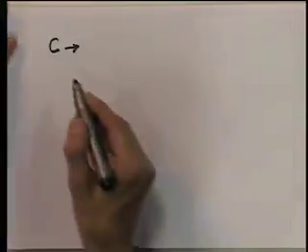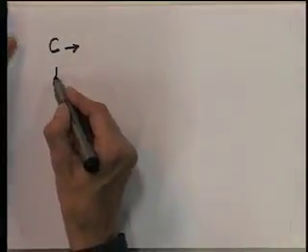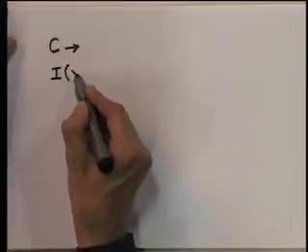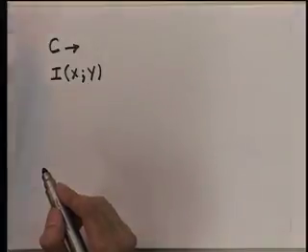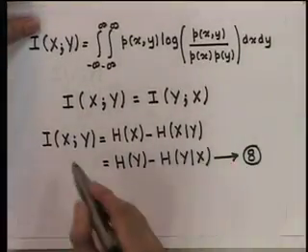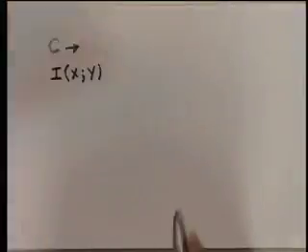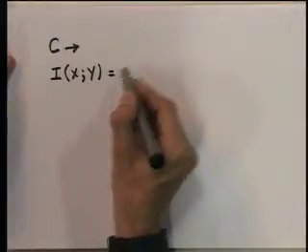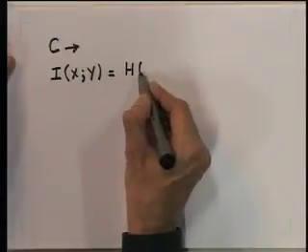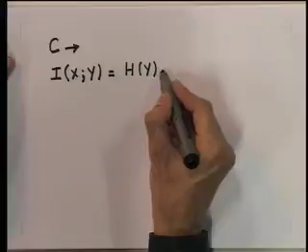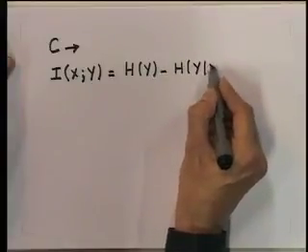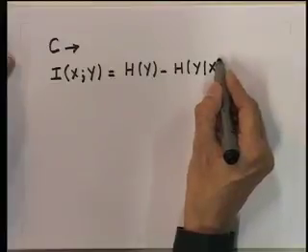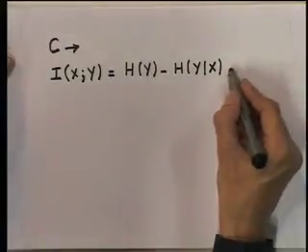The mutual information I(x;y) is given by equation 8 as entropy of y minus uncertainty of y given x.